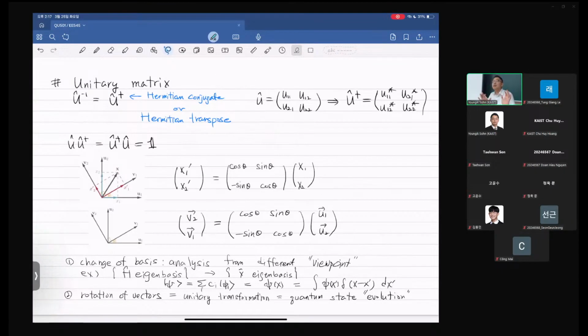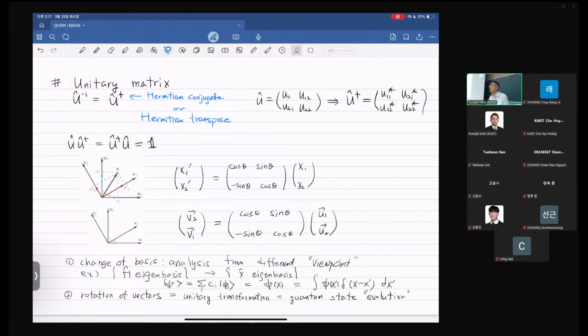To change basis, you use a unitary matrix. And for the second one, where you change the quantum state into another, also stick with the unitary transformation. Otherwise, there is a problem with the Born rule, and your quantum mechanics interpretation, basically the Copenhagen interpretation, will start having a problem.